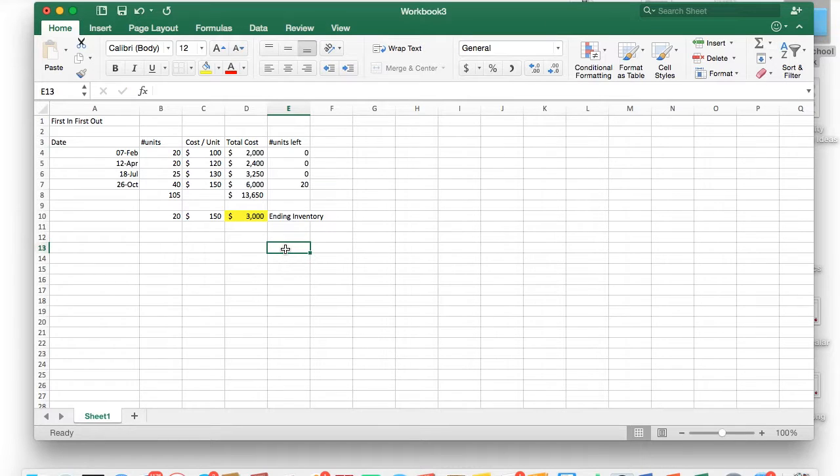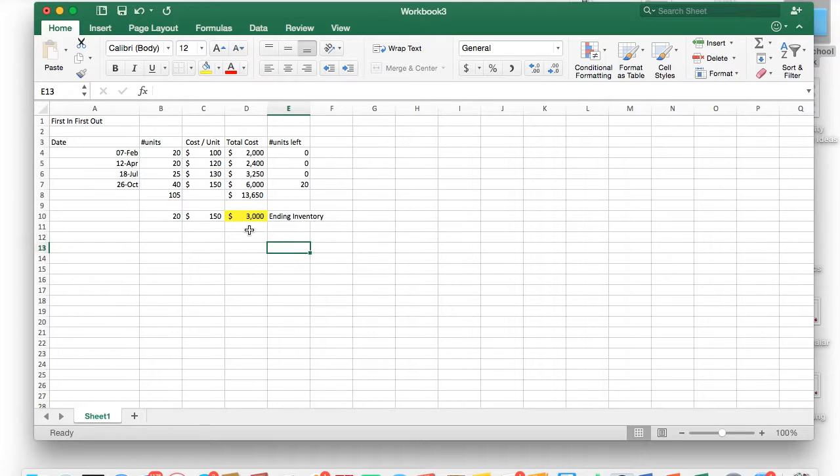So, through all the sales here, we have 20 units left that we purchased for 150. For further sales, these are the only units remaining: 20 at 150, which comes to $3,000 in total. Okay, this will be our ending inventory.